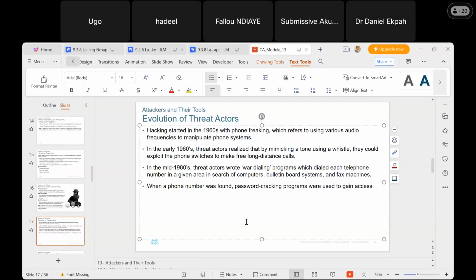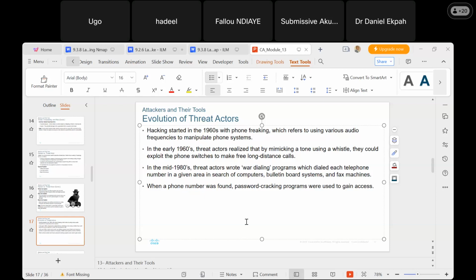Okay. So, evolution of threat actors, like I said, way back in the early 1960s, threat actors realized that by making a tone using a whistle, they could exploit the phone switches. That is the vulnerability. So they were able to identify that attack surface.